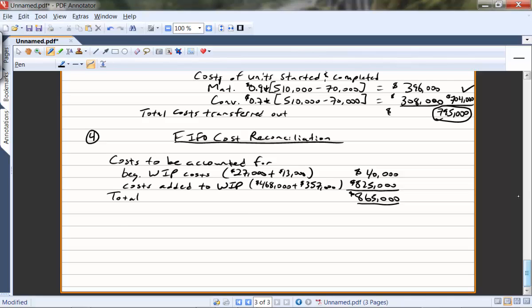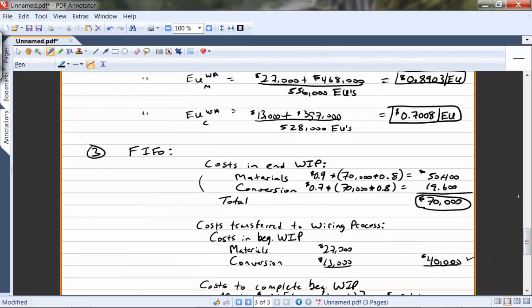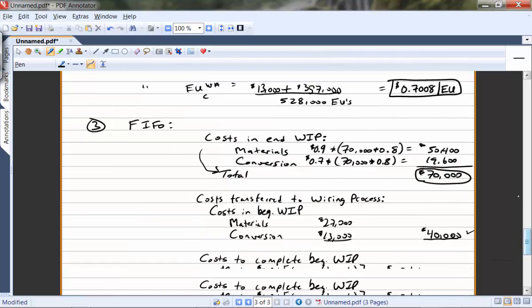And then how do we account for them? Well, costs are accounted for as follows. We have our ending WIP, which we estimated using FIFO, our ending WIP right here, 70,000.